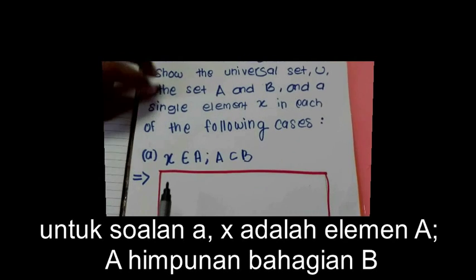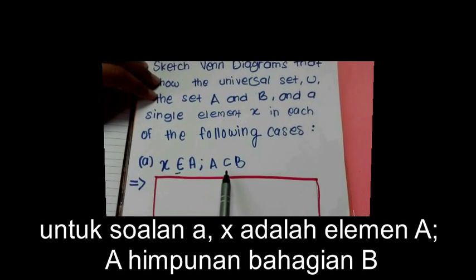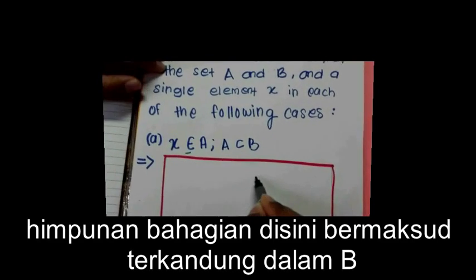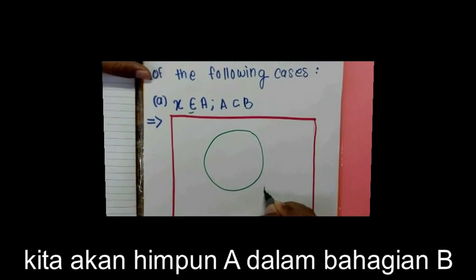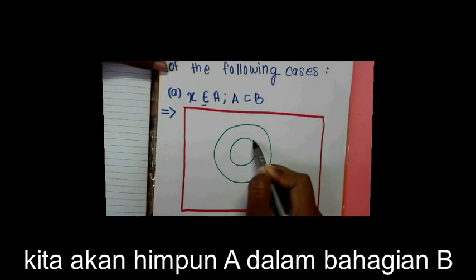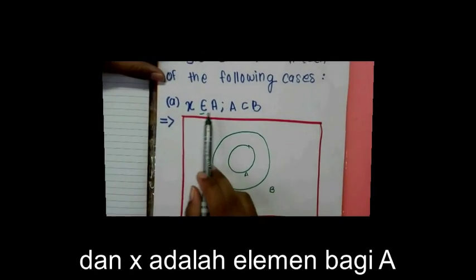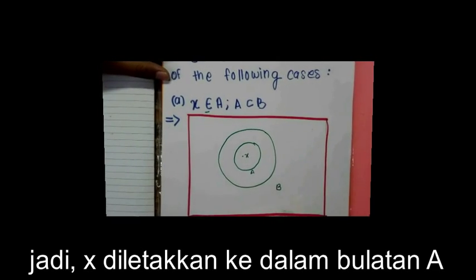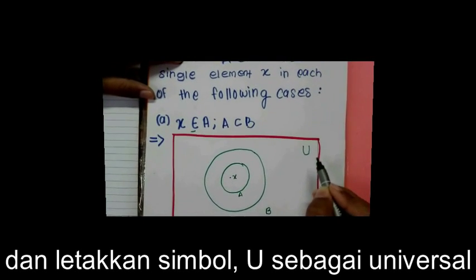For question A, X is an element of A, and A is also a subset of B. Subset means inside B. So we will put B, and A is the subset of B. This is A subset of B, and X is an element of A. So inside here is the X. And also put U as the universal.